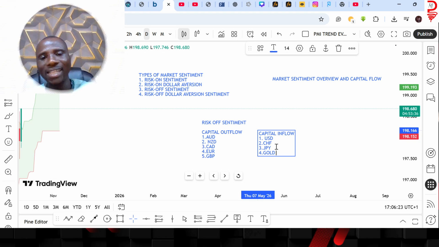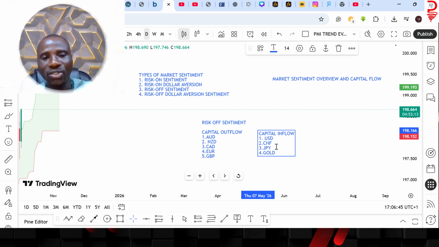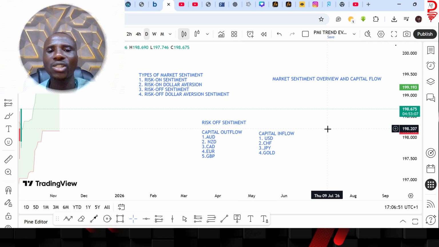In essence, during a risk off sentiment, you want to be buying currencies like the US dollars, the Swiss franc, Japanese yen and gold, because capital will be flowing massively in the direction of these currencies. And of course, you want to be selling on the other side currencies like the Australian dollar, the New Zealand dollar, the Canadian dollar, the euro and the GBP. So that's for risk off sentiment.